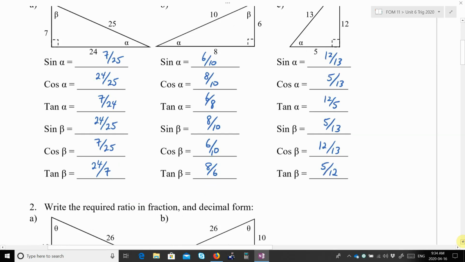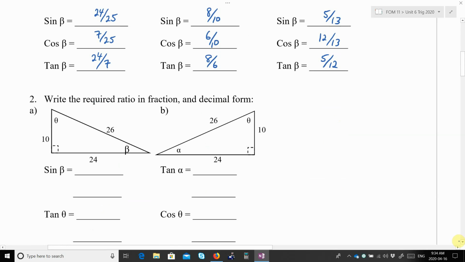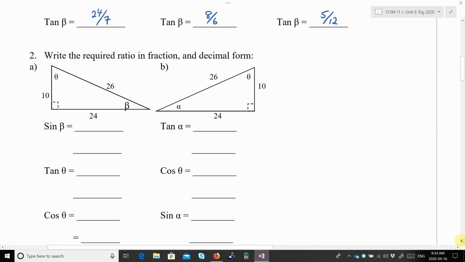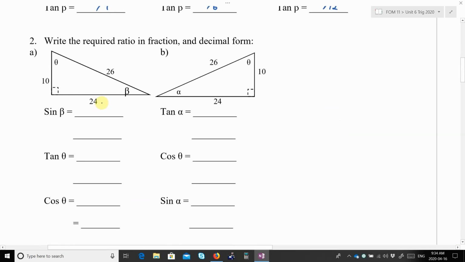5 over 12. Number 2, write the required ratio in fraction and decimal form. So for sine beta, we get 10 over 26, and as a decimal, it is 0.385. Tan theta is 24 over 10, and as a decimal, that is 2.4. Cos theta ended up being 10 over 26, and again 0.385.